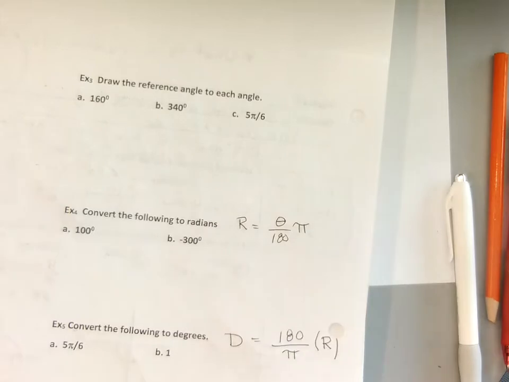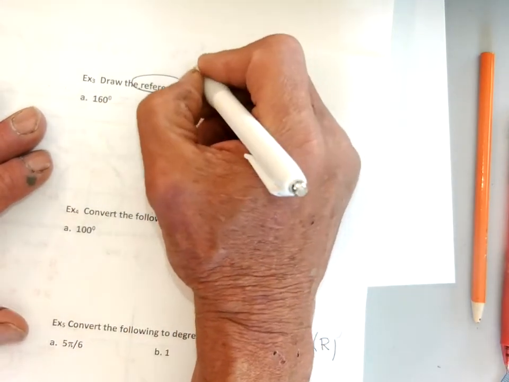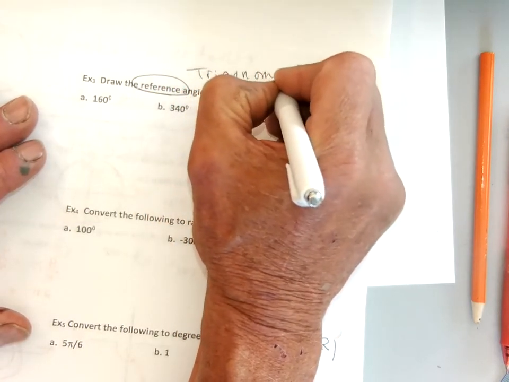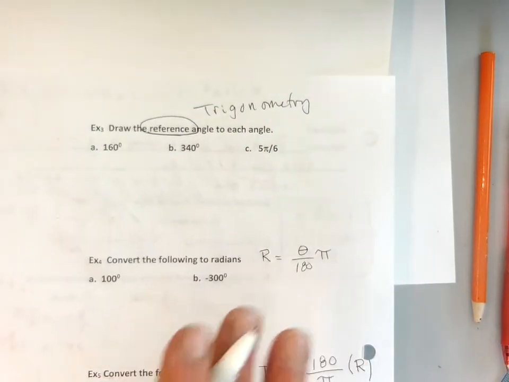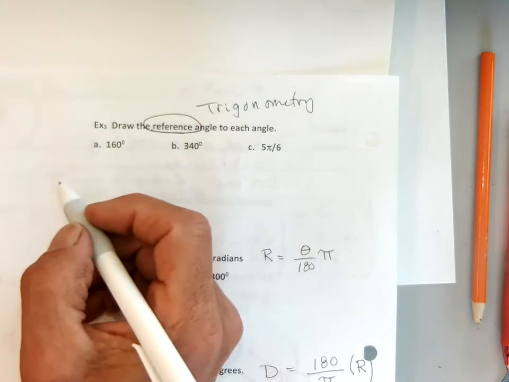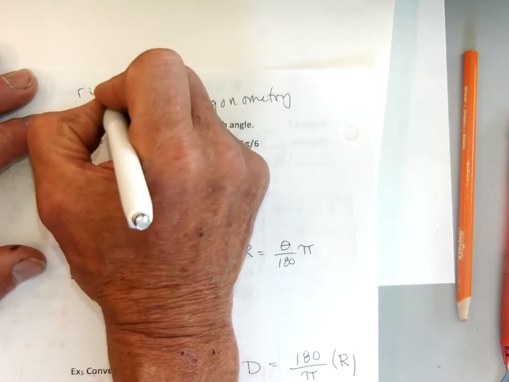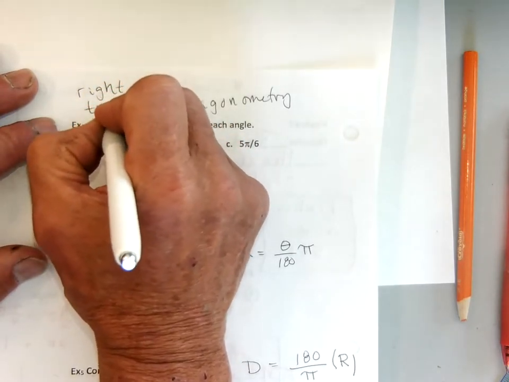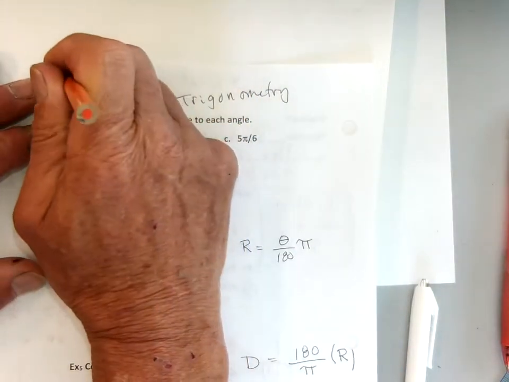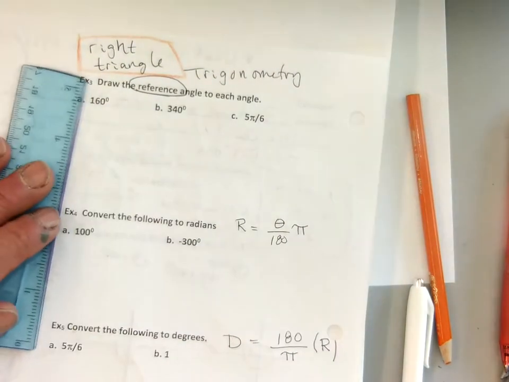Now, reference angle. Everything we're going to do will come back to trigonometry. And to have a reference angle, we need to have some right triangle. So let me draw a picture.